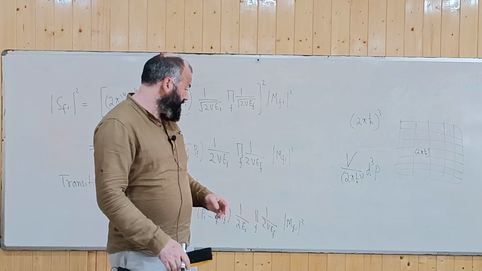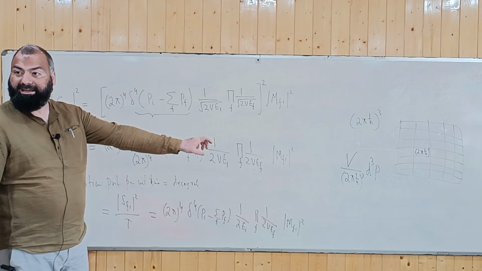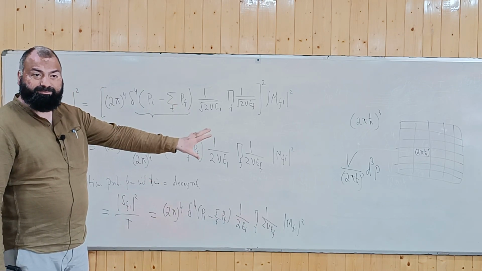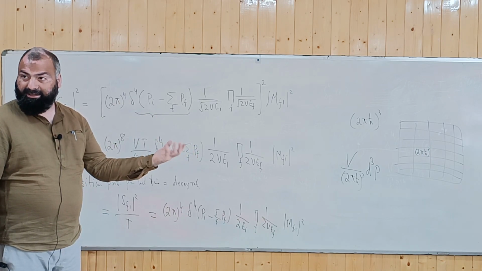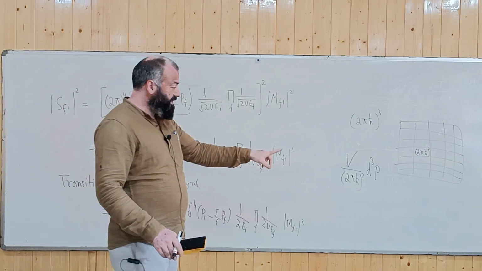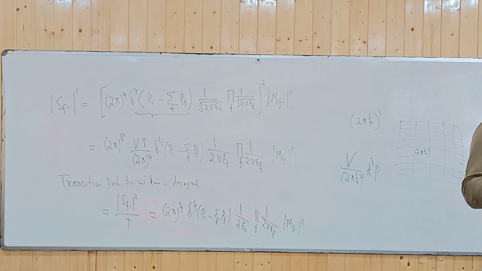Now what I will do is take this |S_fi|² by T, multiply it by that factor, and integrate over the entire volume. Now look at this factor: you have this d³p. How many particles am I considering in the final state? Two particles.